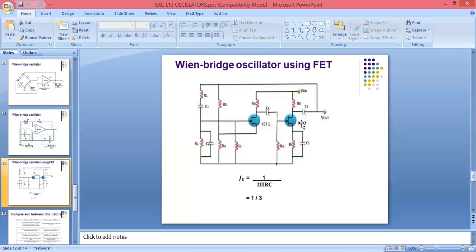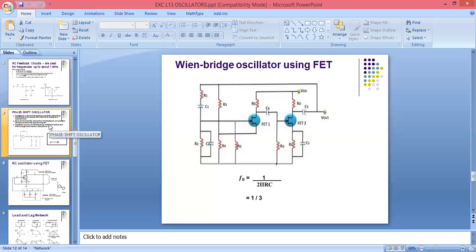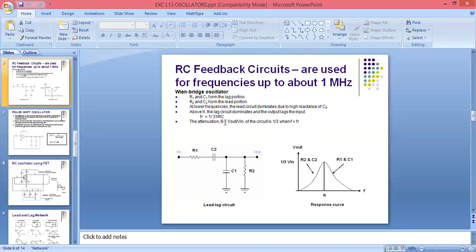But here, if you see, we will get beta equal to 1 by 3. This is the value of beta. And already we have seen in the RC network that we get beta as 1 by 3.